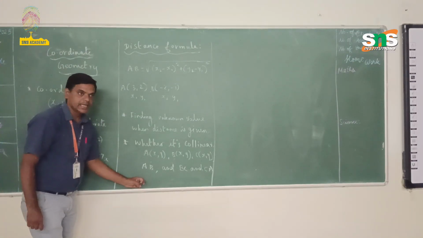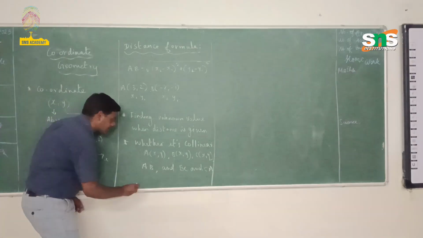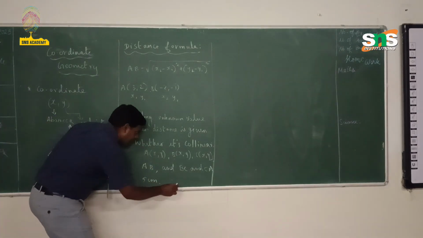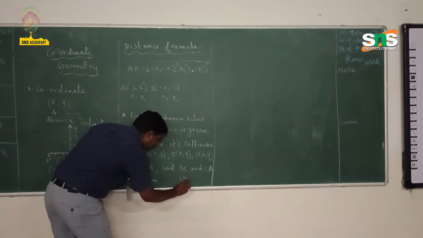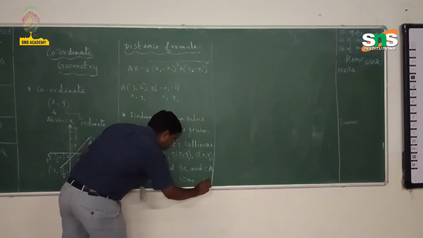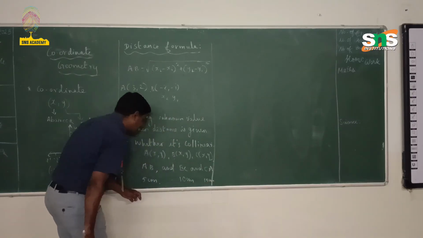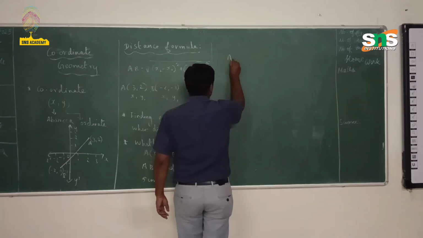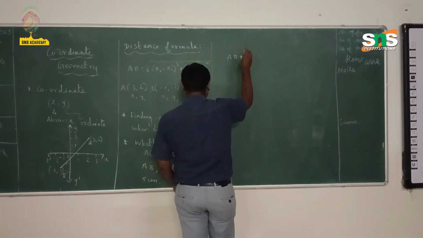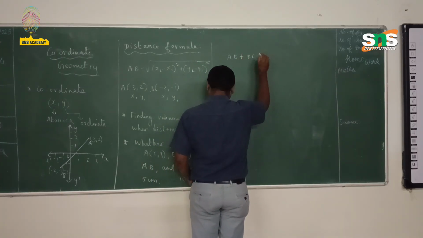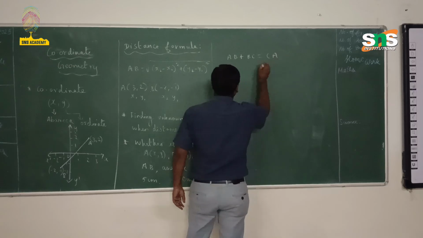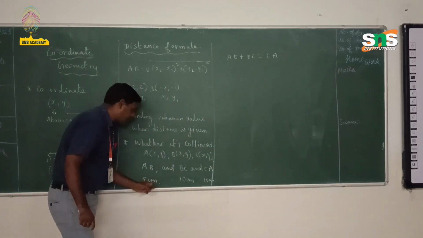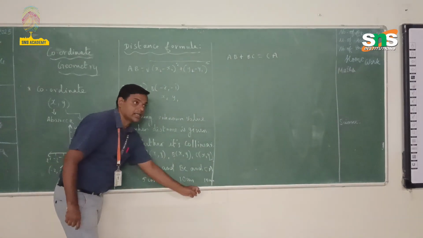For example, if AB is 5 cm, BC is 10 cm and CA is 15 cm, then you can say that AB plus BC is equal to CA. The sum of two values should be equal to the greater value.